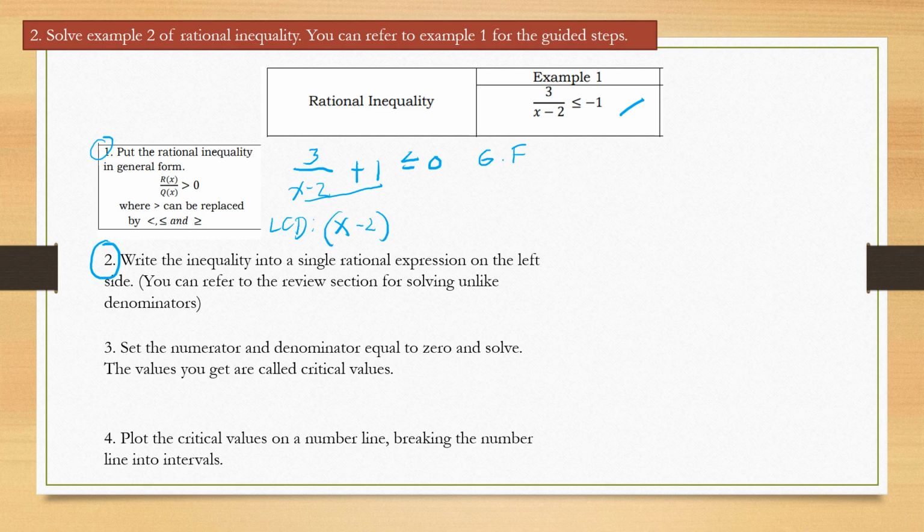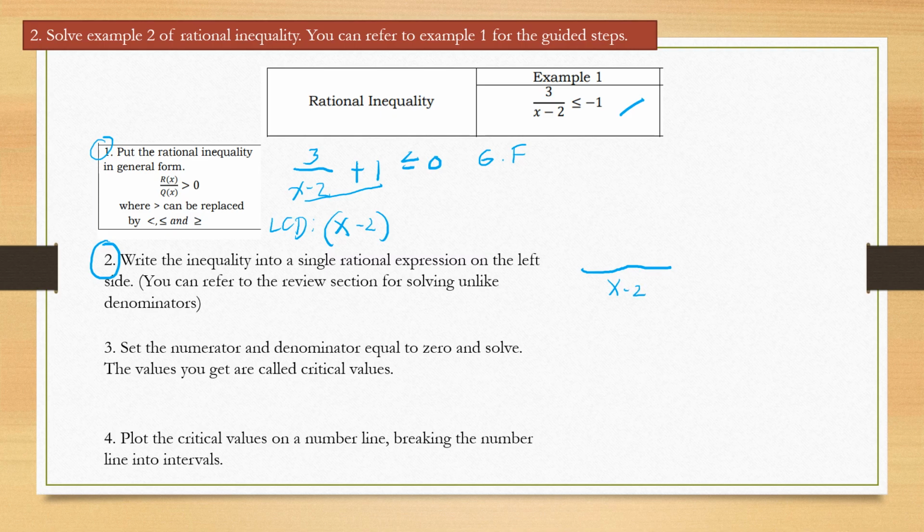Ang denominator ng 1 ay 1, so therefore x minus 2 lang. And then, dahil alam na natin yung LCD niya, isulat na natin siya into a single rational inequality.